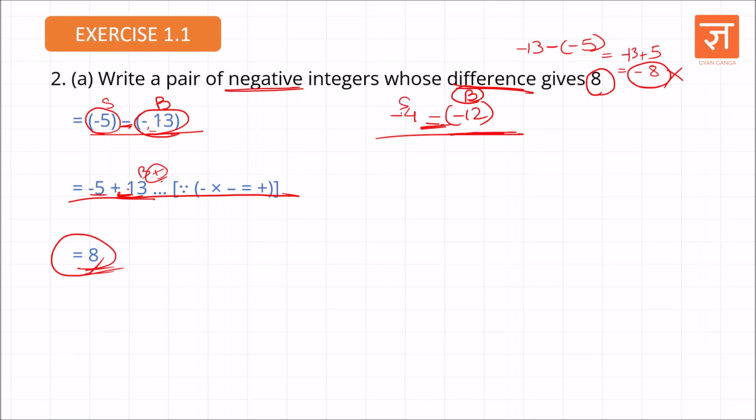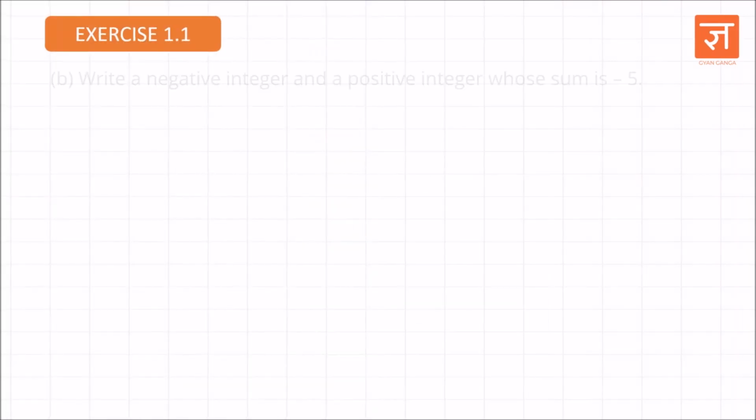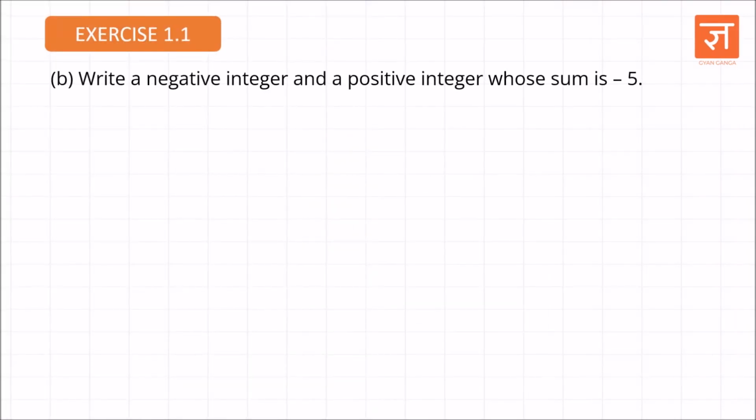A negative and a positive integer whose sum is minus 5. Think what you can do for it. A negative and a positive integer whose sum is minus 5 means the bigger number should have the minus sign. Okay, so what can we do?